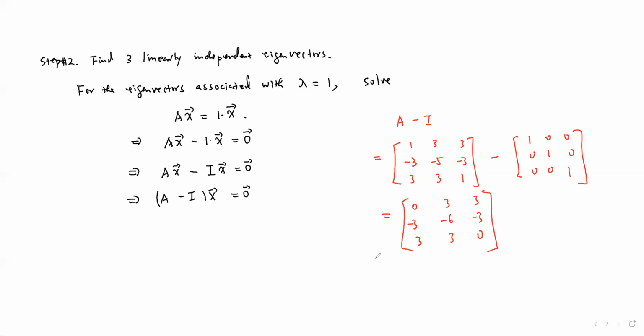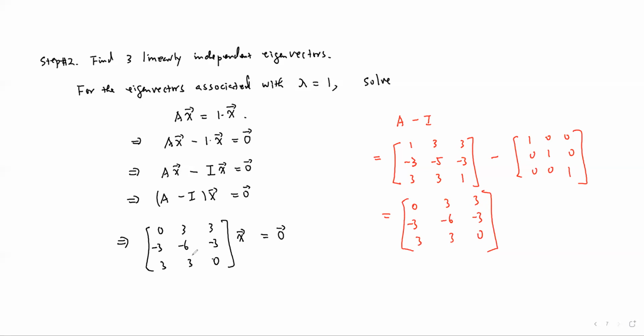So this equation is A minus I: 0, 3, 3, negative 3, negative 6, negative 3, 3, 3, 0, times the unknown vector with entries x1, x2, and x3, equal to 0.